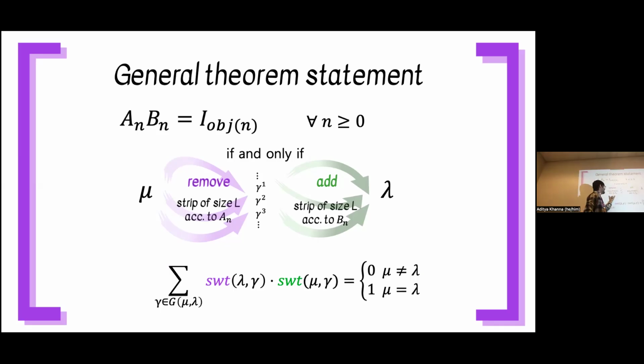So this has some sign, this has some sign. Find the sign, multiply the sign, and all of that should give you 0 for different shapes, 1 for the same shape. And this will exactly prove AB equal to identity. The proof, by the way, is completely linear algebra. There is no combinatorics. But the fact that the objects are combinatorial is very important.